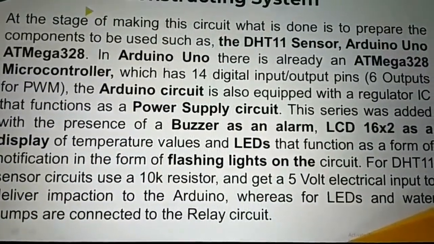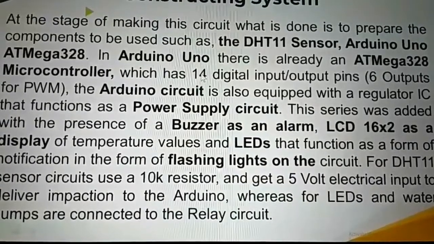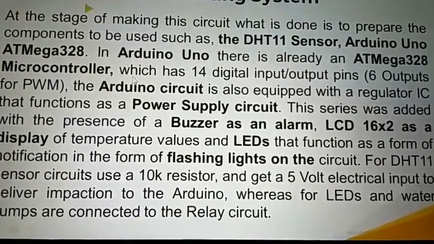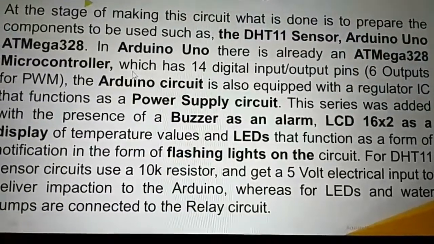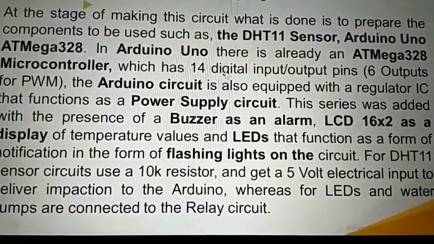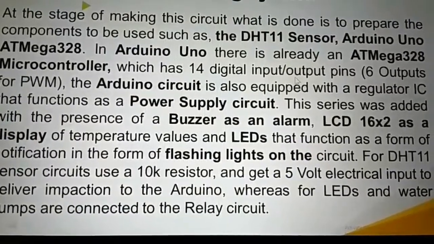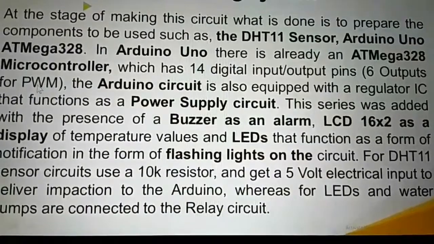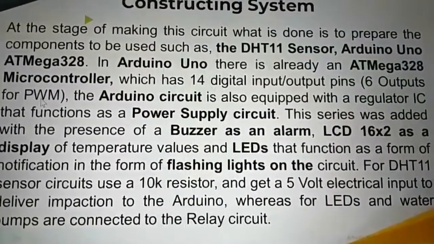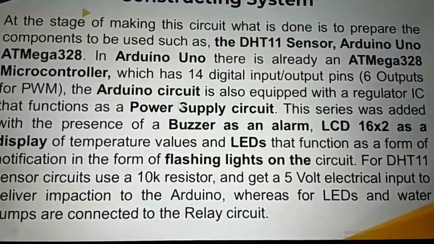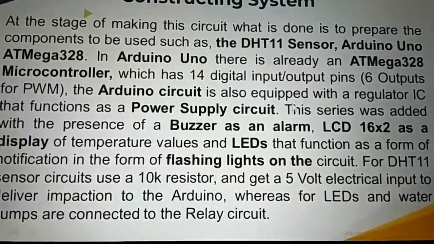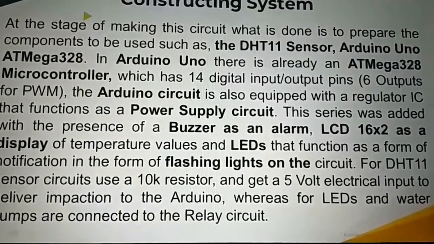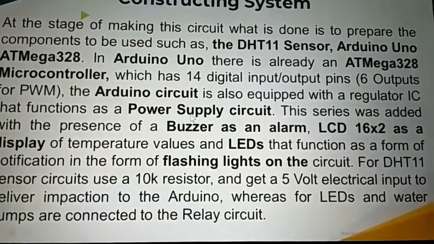In Arduino Uno, there is an ATmega 32H microcontroller, which has 14 digital input and output pins, or 6 outputs for PWM. The Arduino circuit is also equipped with a regulator IC that functions as a power supply circuit.